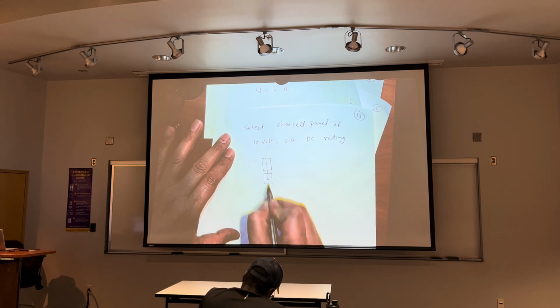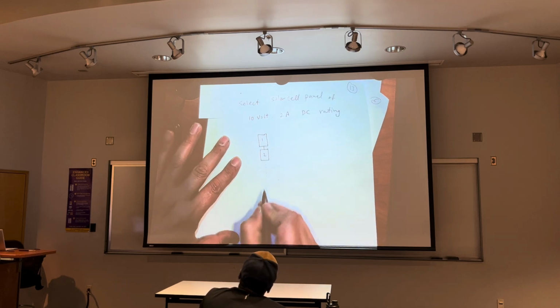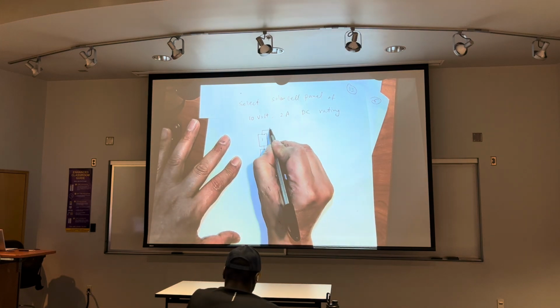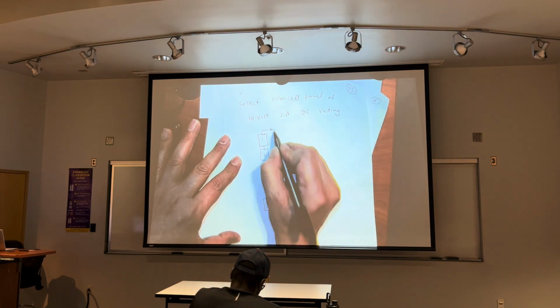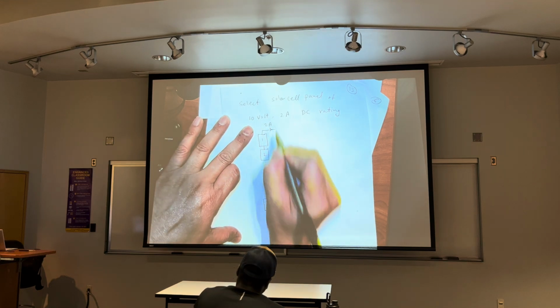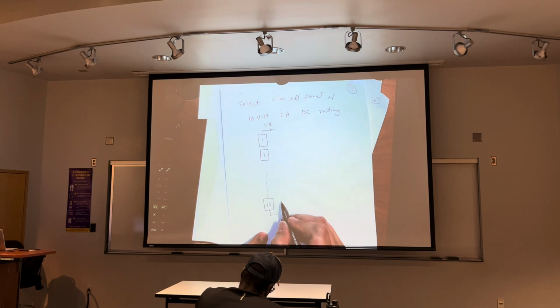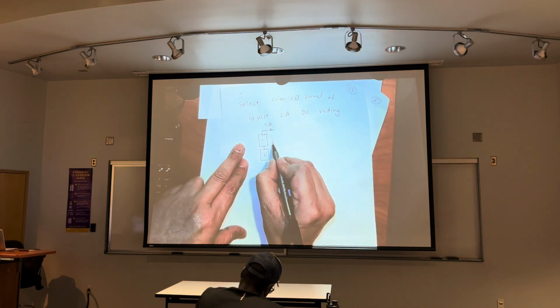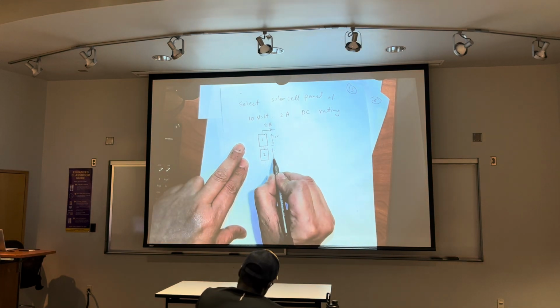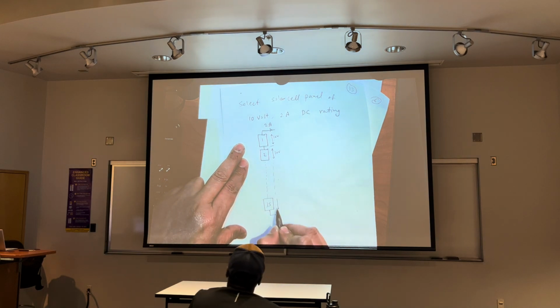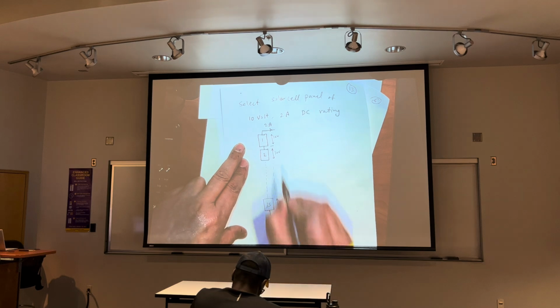Each generates 2 ampere, connected in series. This voltage is 10 volt, 10 volt, 10 volt.